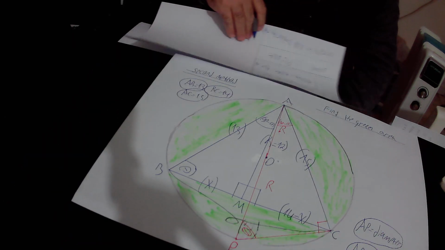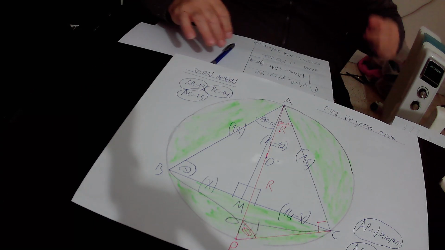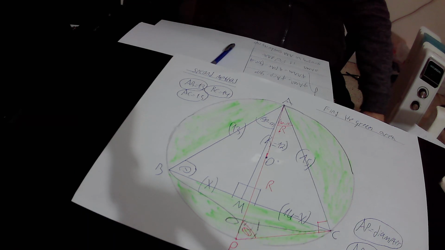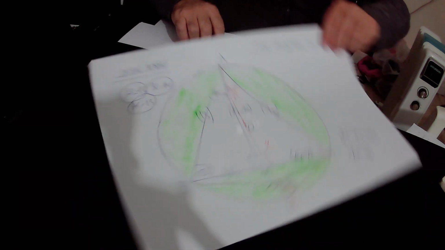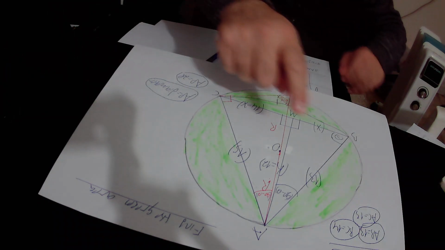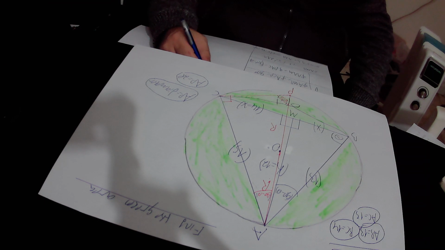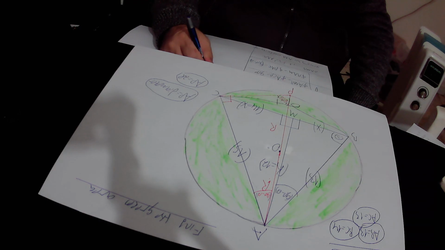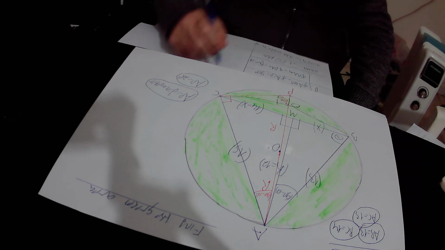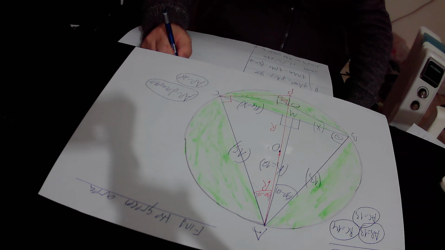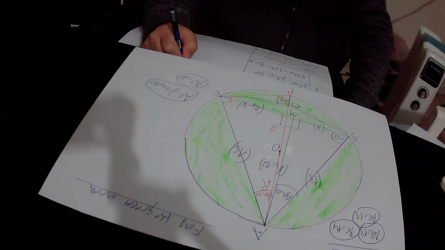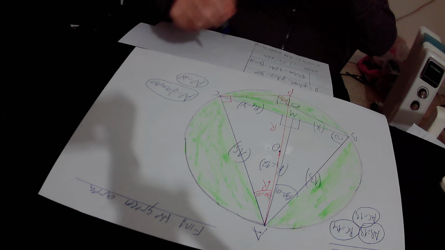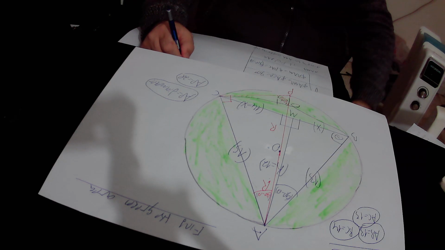And from the fact that those two right triangles are similar to each other, we derive that the following relationship exists between their sides. We derive that AB in triangle AMB over AP in triangle APC equals AM in triangle AMB over AC in triangle ACP.